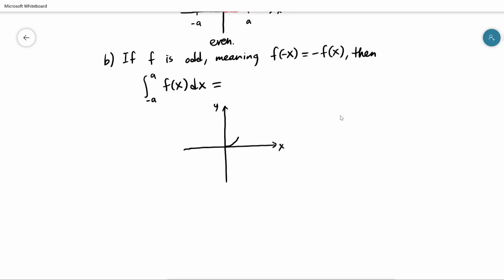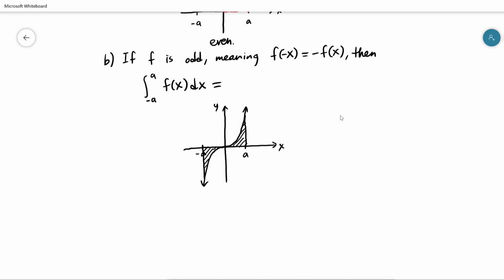Maybe it does something like this, and then it does something like this. And here is our positive a, here is the same value, negative a, over here. And the area that we're computing is the area from here up to here. So that region plus that region.